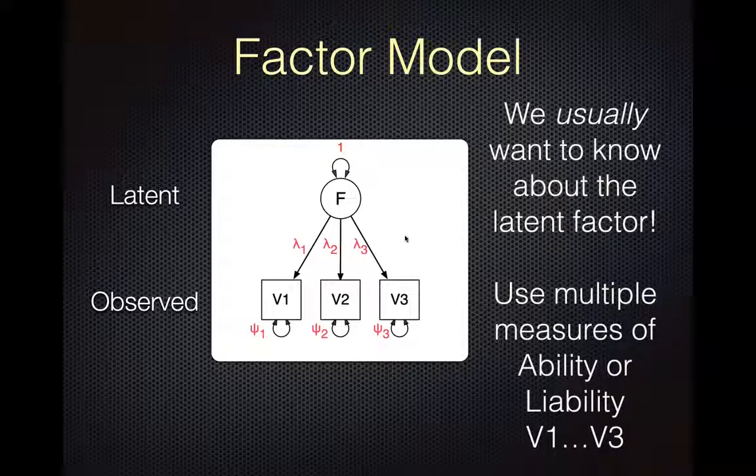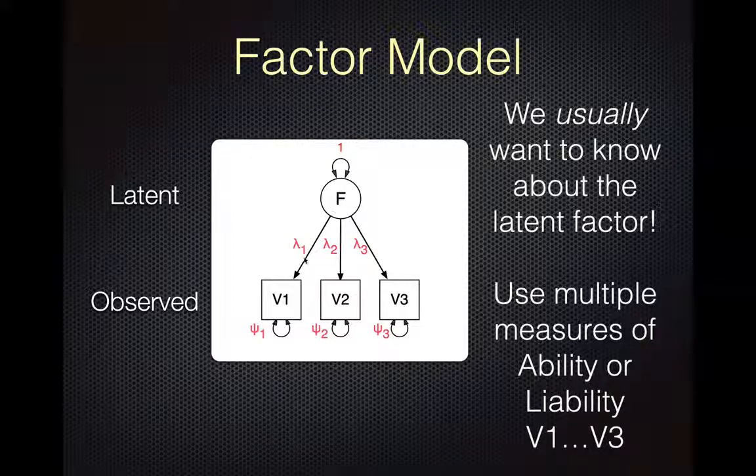The utility is that it enables us to write down equations for the variances and the covariances between the observed variables in our study. So in this particular case, there are three observed variables, V1, V2, and V3, and there's a latent factor, F, which is thought to partly cause each of the observed variables.